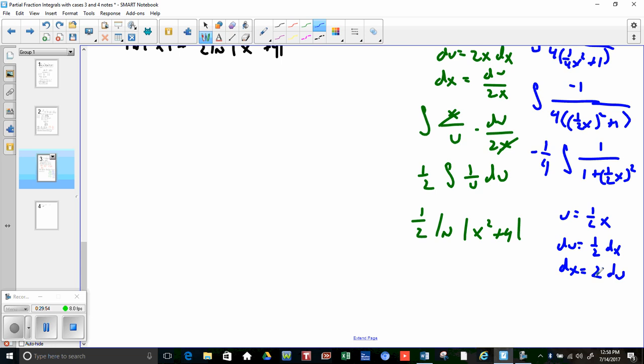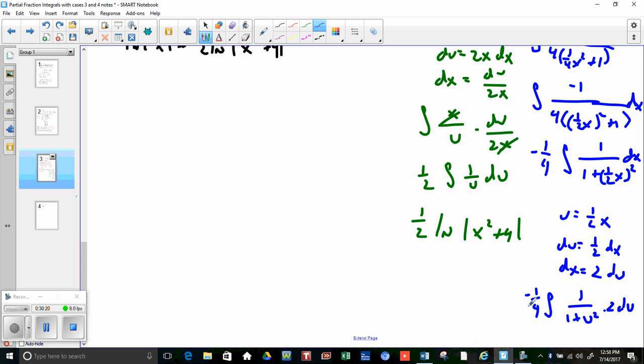So if I've got this 2 right here, when I go and plug this back in, this is going to become 1 over 1 plus u squared times the new, oops, I forgot my dx's up here, didn't I? Fill those in. Times the new dx, which is 2 du.